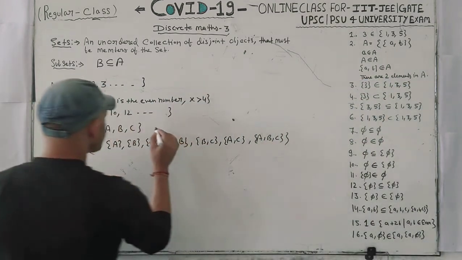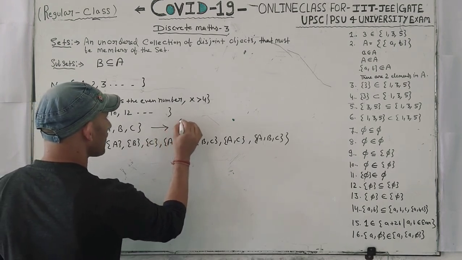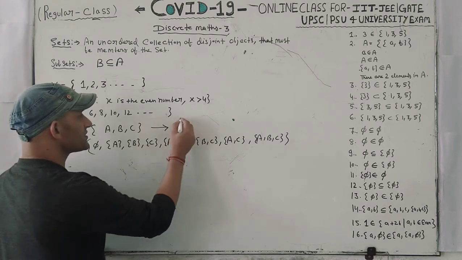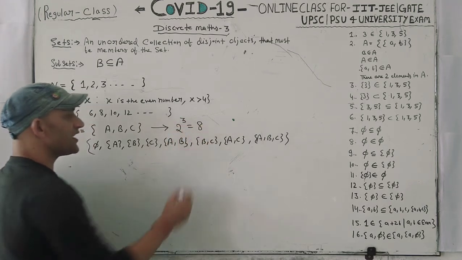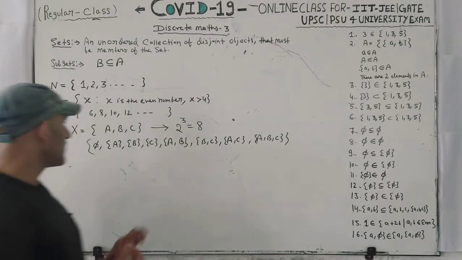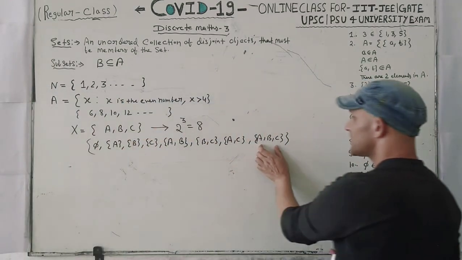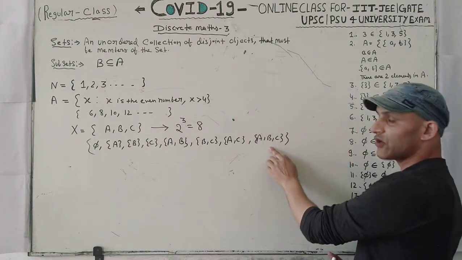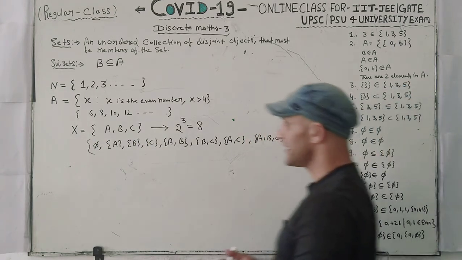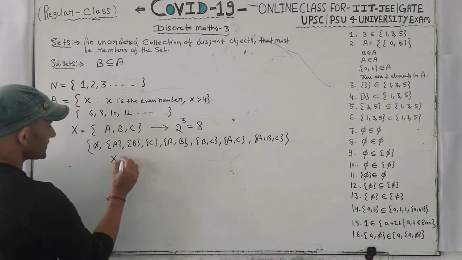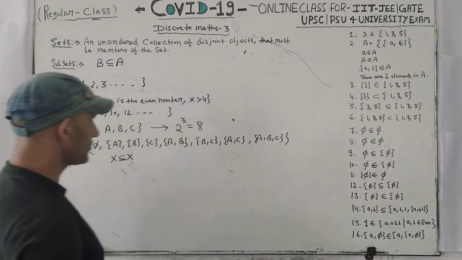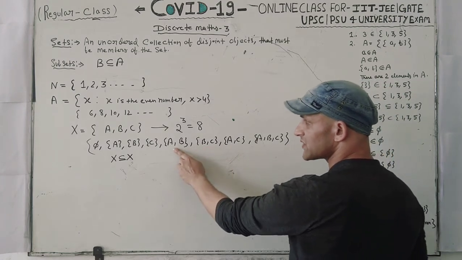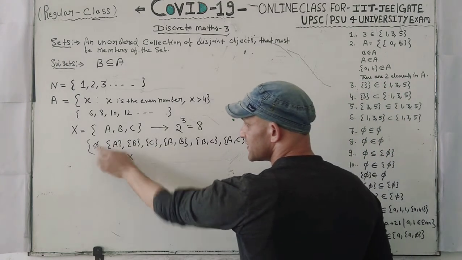So the total number of subsets is 2 to the power n. Here n is equal to 3, which means there are a total of 8 subsets. A subset can be the set itself, so X is a subset of X. Also this is a subset, this is a subset, and so on.